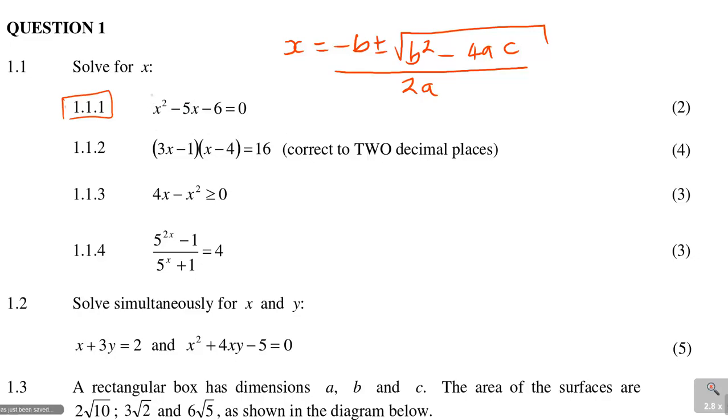So you compare it with the general equation of the quadratic, ax squared plus bx plus c is equal to 0. Where there is a, it means there is a 1, so a is equal to 1. Check the b: where there is the x, you see b is -5. And then check the c.